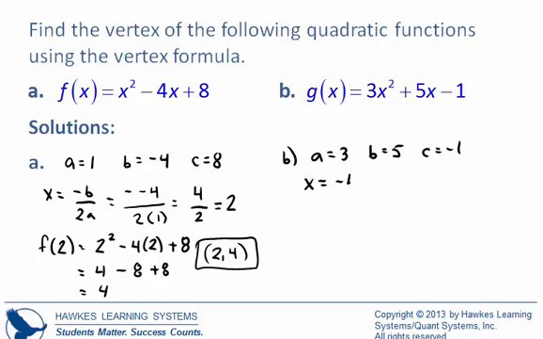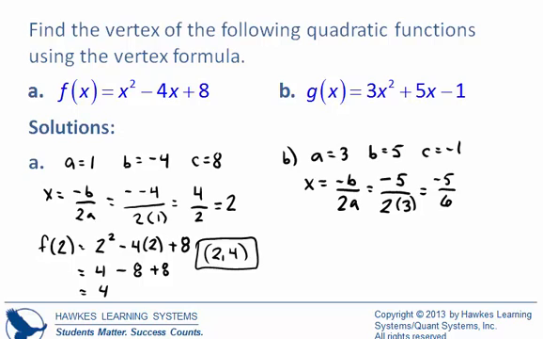Plugging into our vertex formula, x is equal to negative b over 2a. We're going to have a negative, and then we're going to substitute in for b. B is 5. On the bottom, we're going to have 2 times a. A is 3. And so our x value will be negative 5 over 6.